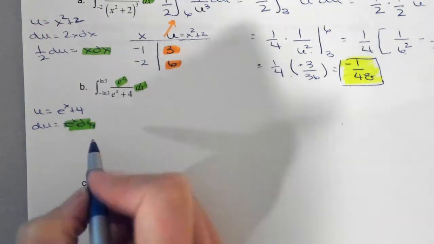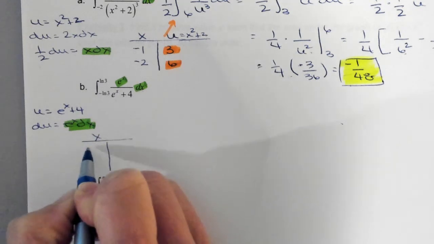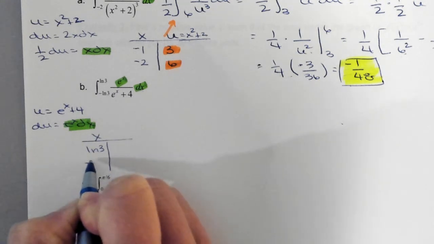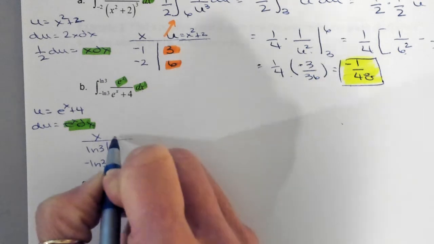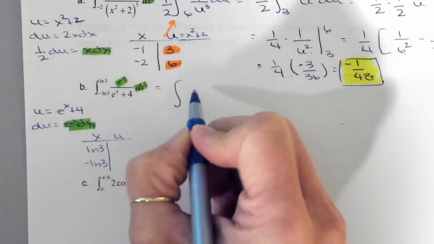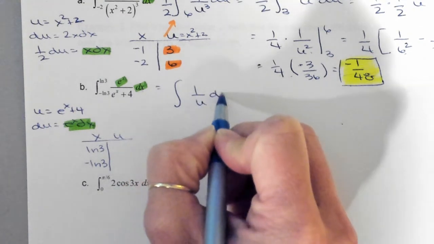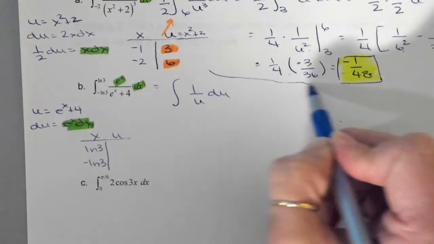Now I will also need to create my table to reset my bounds. So this is x, natural log of 3, opposite of the natural log of 3, and this is going to be u. So what we have is the integral of 1 over u du, right?